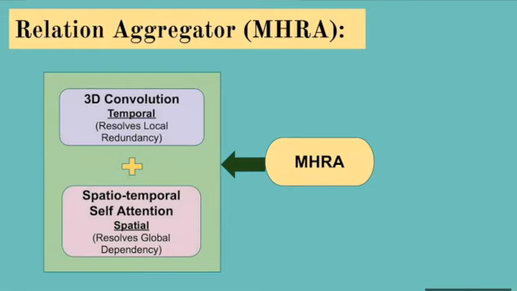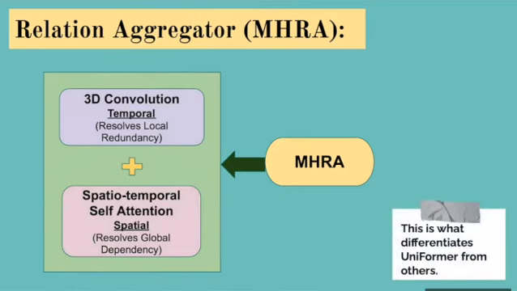As I have said before, 3D convolution takes care of the temporal aspect, and the transformer takes care of the spatial aspect. So as it is temporal, it resolves local redundancy, and spatial attention resolves global dependency. This is what the writers profess differentiates their model from the others.